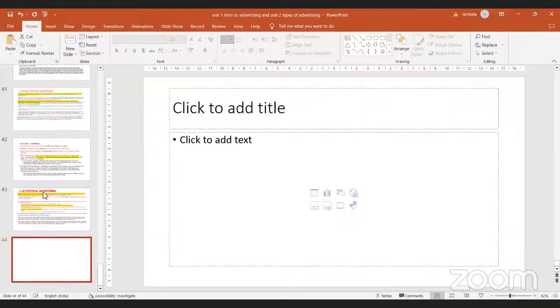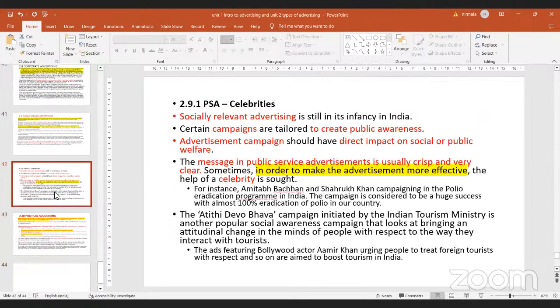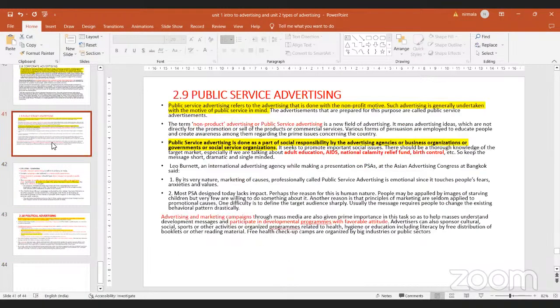So this is about the different kinds of advertising being done by different kinds of marketers or organizations, even the government, NGOs, or whatever it may be.